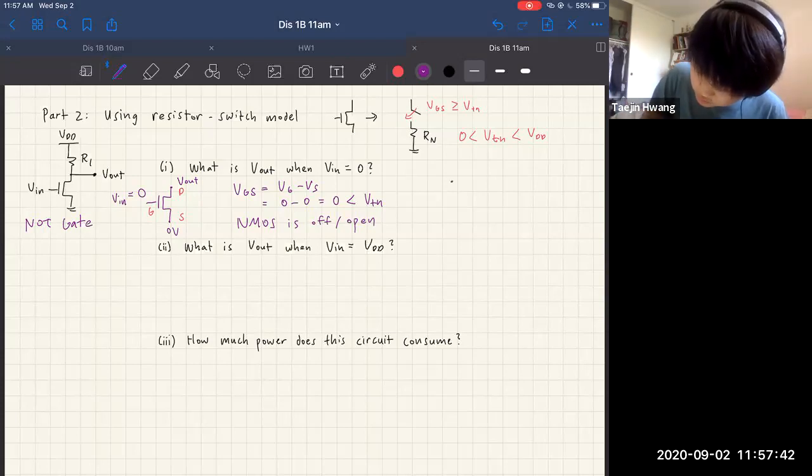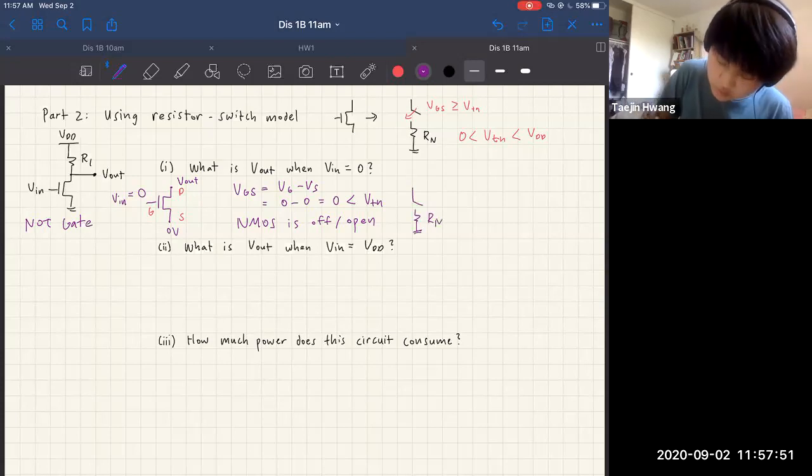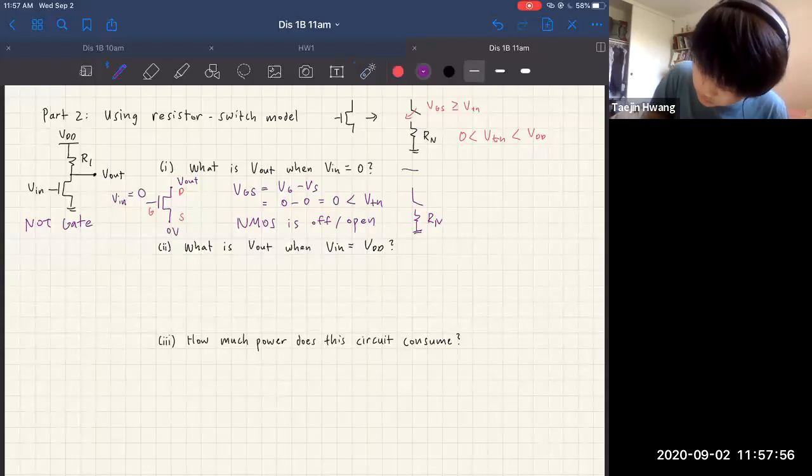If we were to draw the full circuit, this is the result of the PMOS, and then we have everything on top here, which is the VDD and the R1.